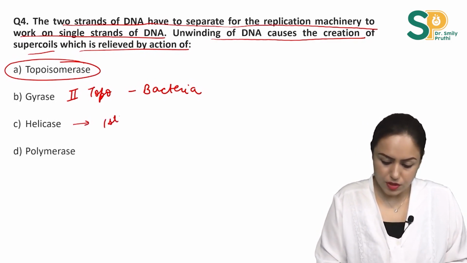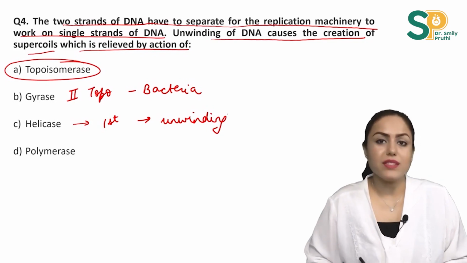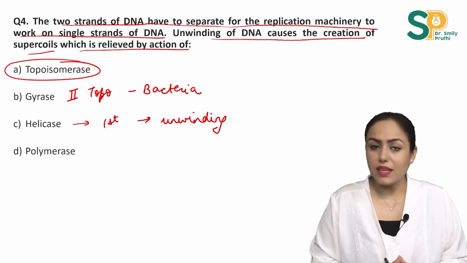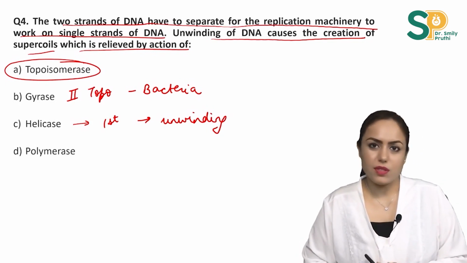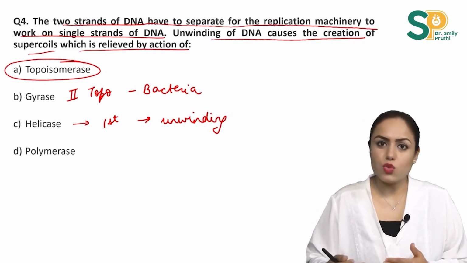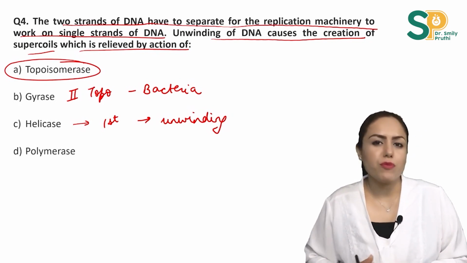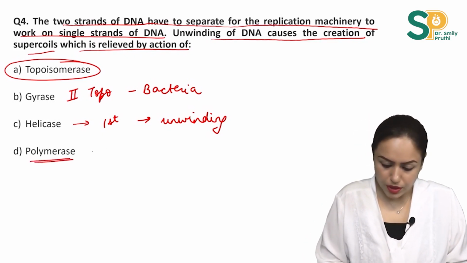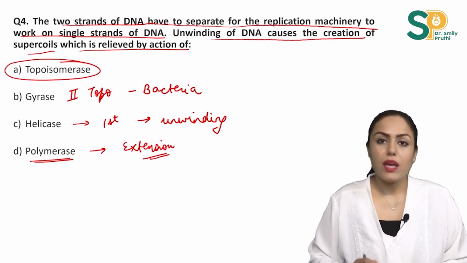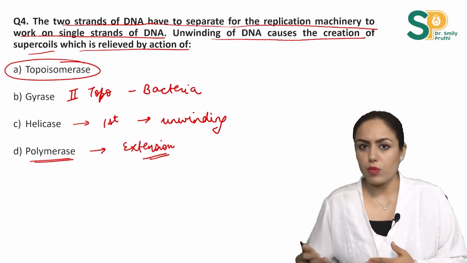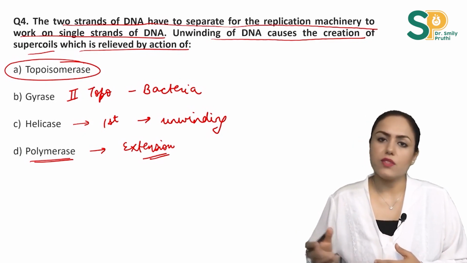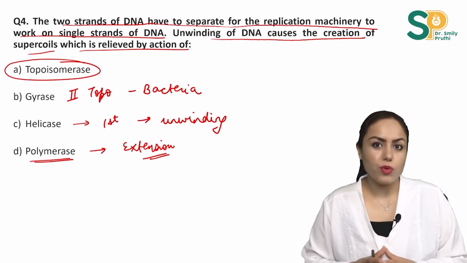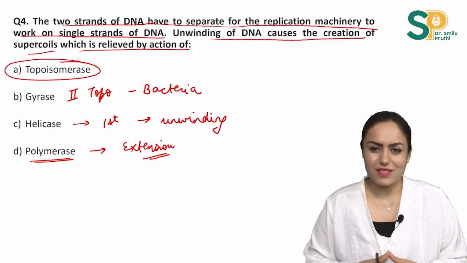Helicase is the first enzyme which causes unwinding or strand separation, and this helicase creates supercoils, right? So helicase creates supercoils, topoisomerase relieve supercoils, right? Then option D, polymerase, that is the main enzyme which will do extension of the deoxyribonucleotides, that is it will add the deoxyribonucleotides in the DNA synthesis, right?